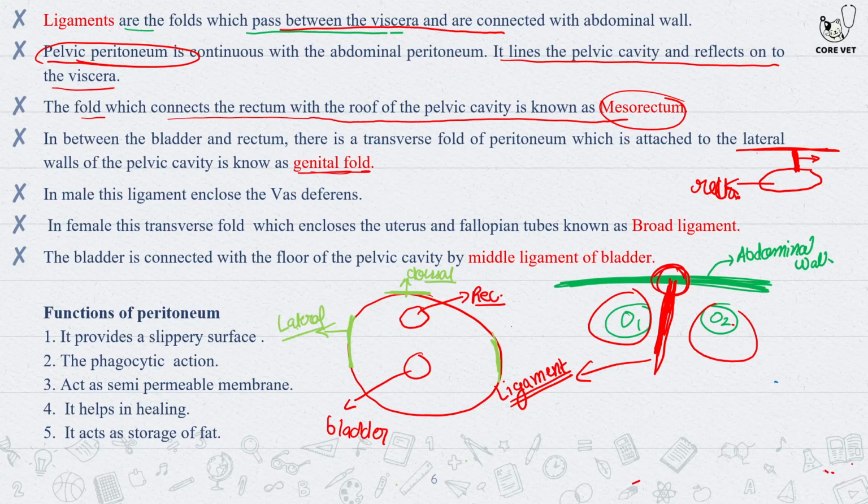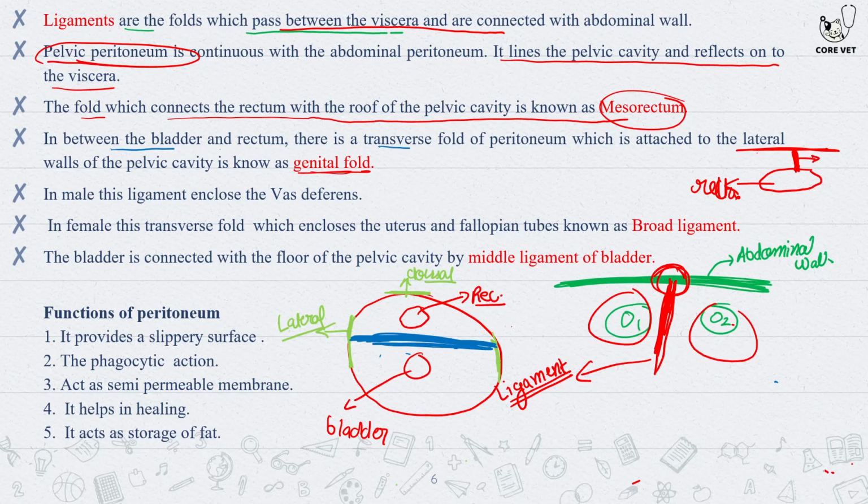Now there is a fold. This fold of the peritoneum is transverse, present in between the rectum and the bladder and connecting to the lateral wall. This is the transverse fold of the peritoneum that I had marked with a blue pen.